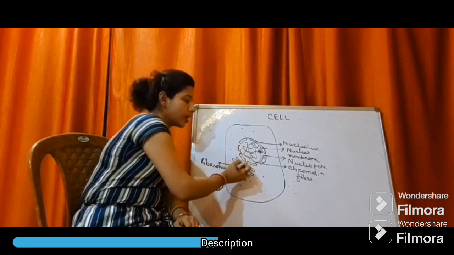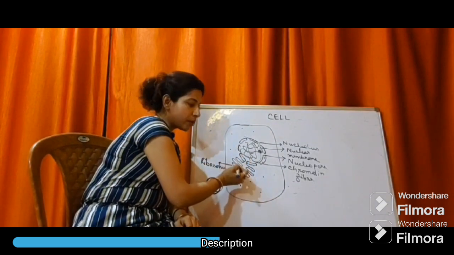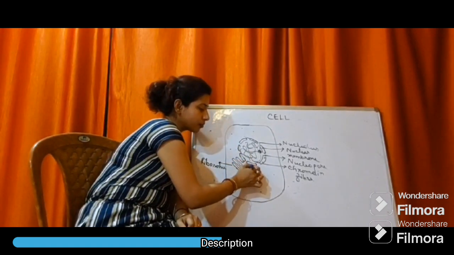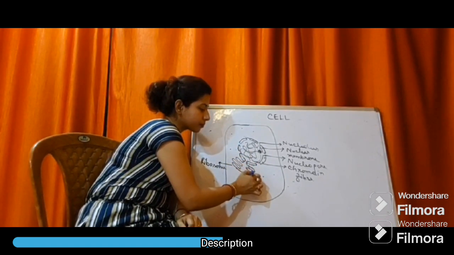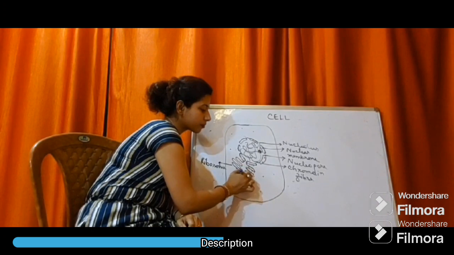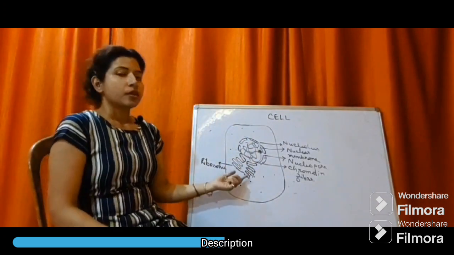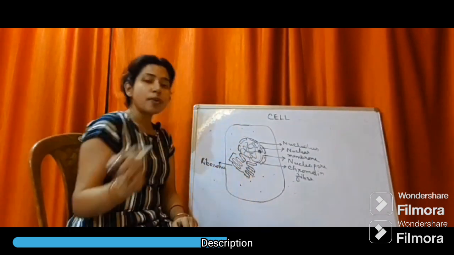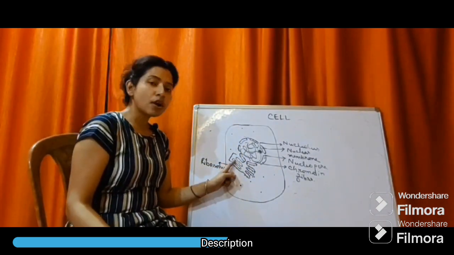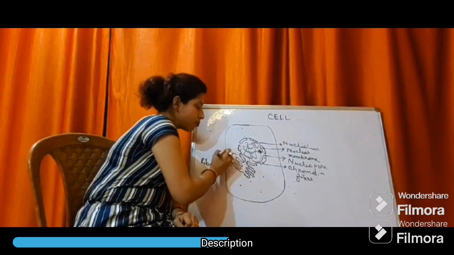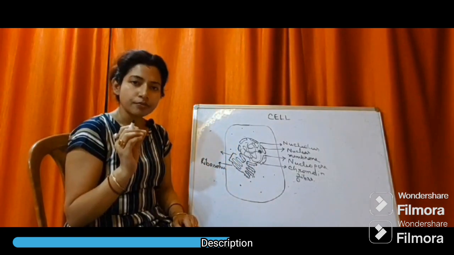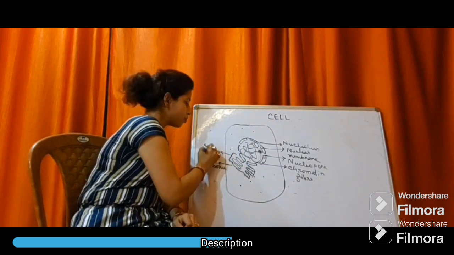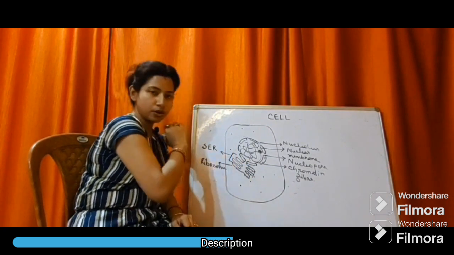Now, this endoplasmic reticulum may be devoid of ribosomes, and sometimes it is filled with ribosomes. The endoplasmic reticulum which is devoid of ribosomes is smooth in structure. Okay, its surface is smooth, so it is called smooth endoplasmic reticulum.